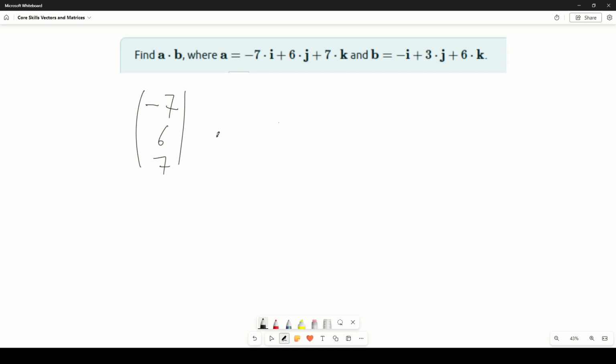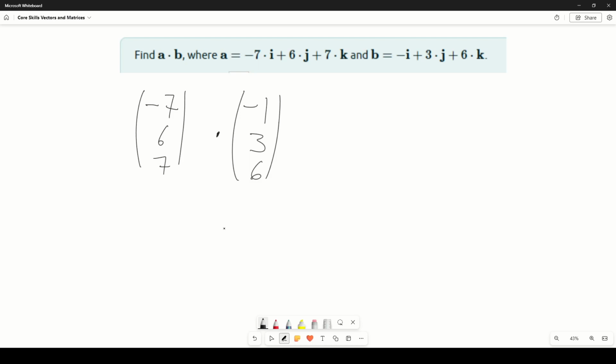These are representations of the x, y, and z axis. So the x-axis is denoted by i, the y-axis is denoted by j, and the z-axis is denoted by k.